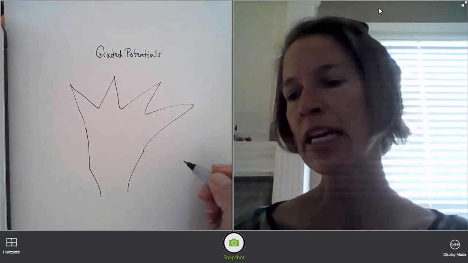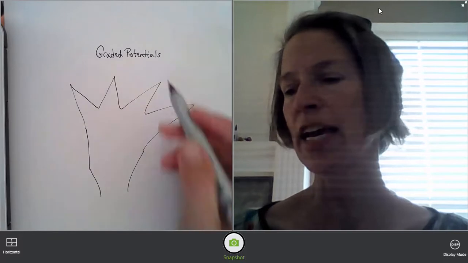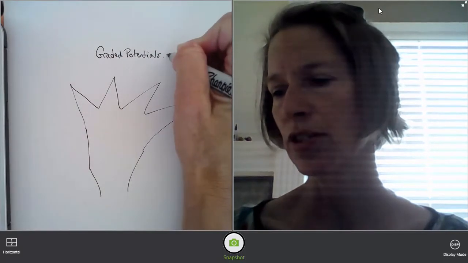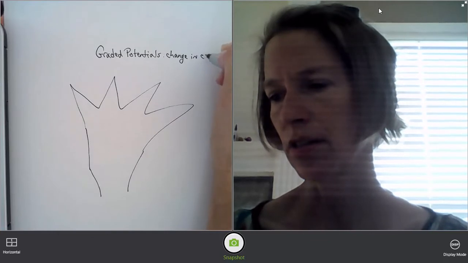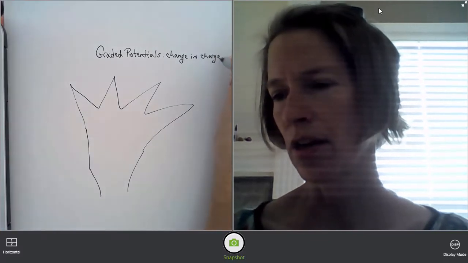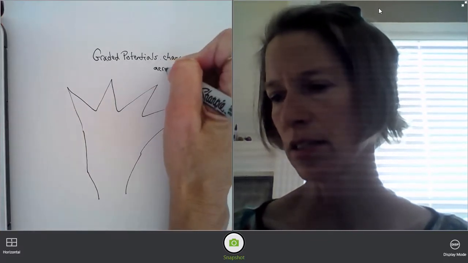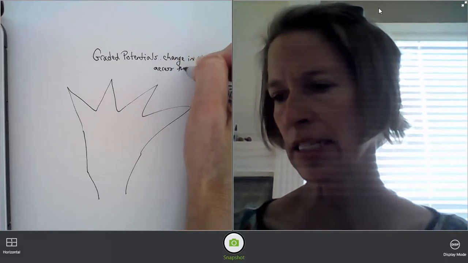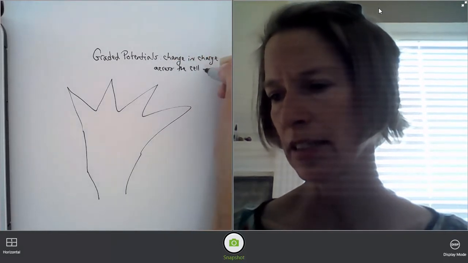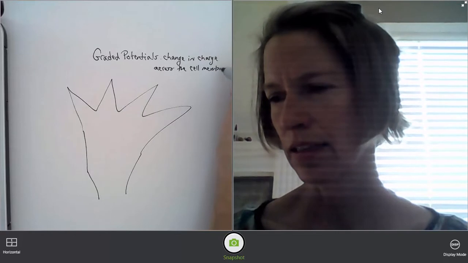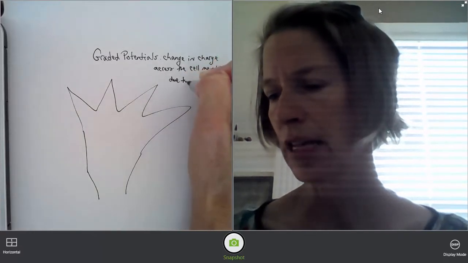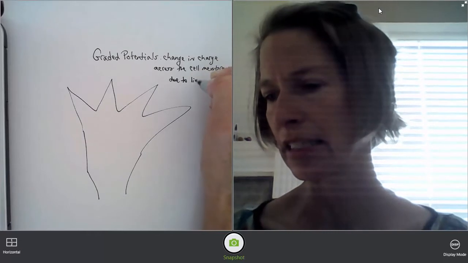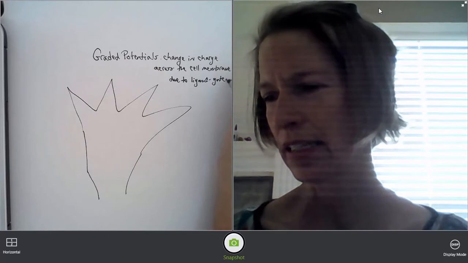A graded potential is a change in charge across the cell membrane due to ligand-gated channels.